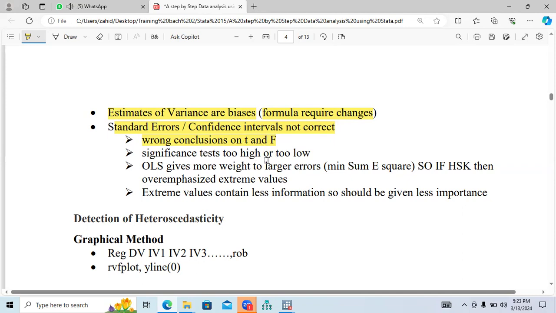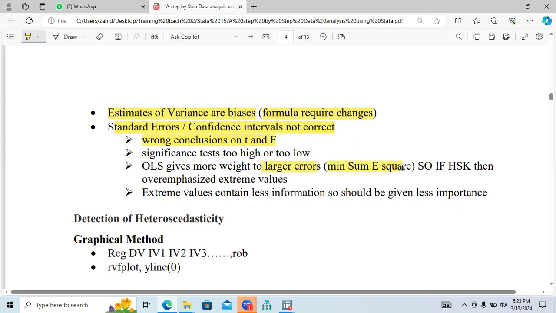Significance tests come out too high or too low; you might find the p-value higher than the actual or lower than the actual. So you need to rectify the standard errors in order to make your t-value or p-value comparable.